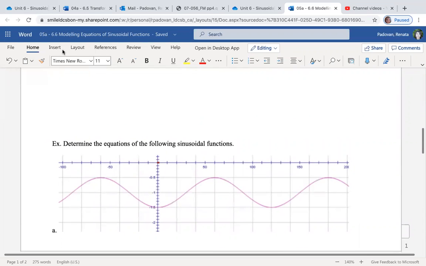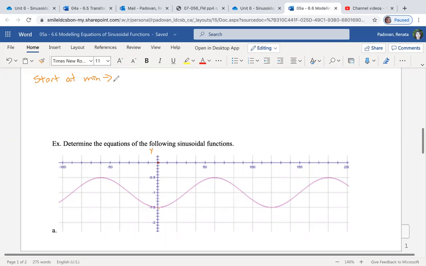So again, the first thing to start with would be to say, this is along the y-axis here, am I starting at a max or a min? I'm actually starting, if you look at the graph, at a minimum value along the y-axis. So if you go back up to the top with what you wrote down, if I start at a minimum value, did that say to use sine or cos?